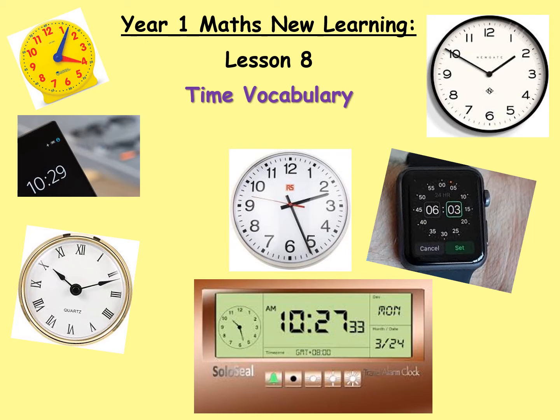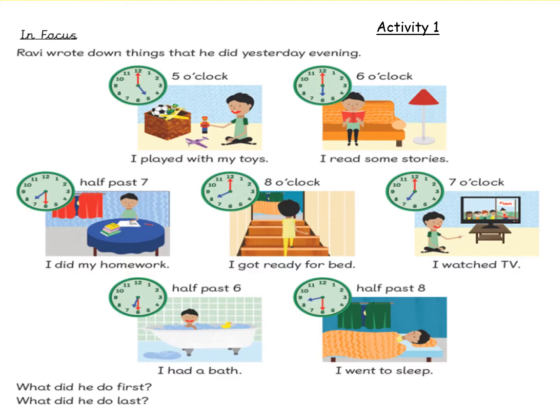Good luck, guys. Okay, children, so for activity 1, you can download this from the website or you can just look at the screen and copy it down. What I'd like you to do is read through the slide, or I'll read through it with you in a minute, and I want you to put in time order the things the boy did.